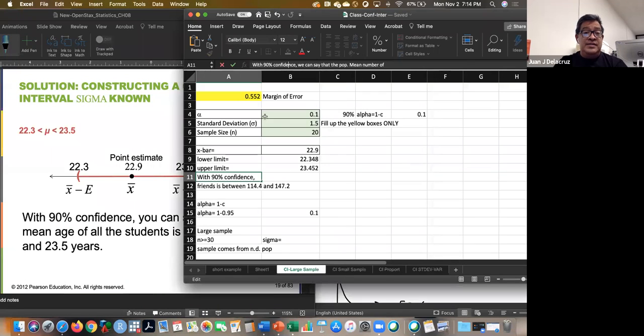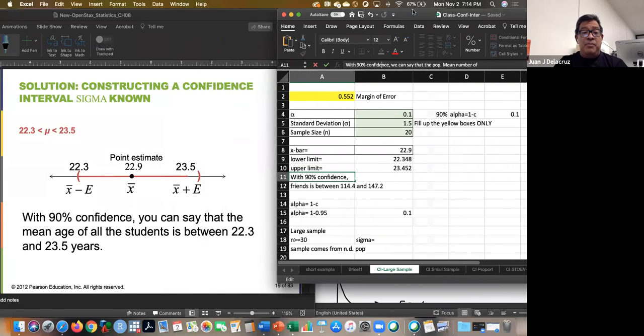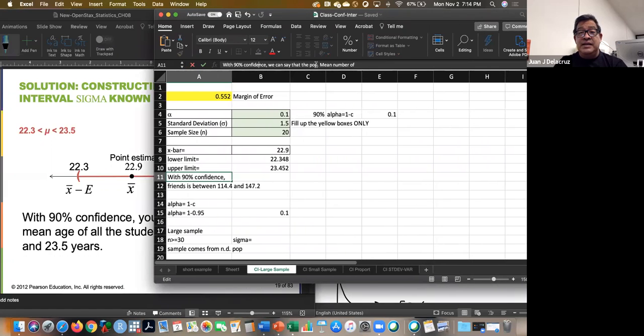With 95% confidence, you can say that the population mean age of all students is between 22.3 and 23.5. 23.45, right? 0.5.